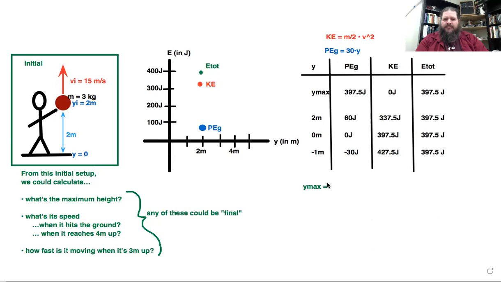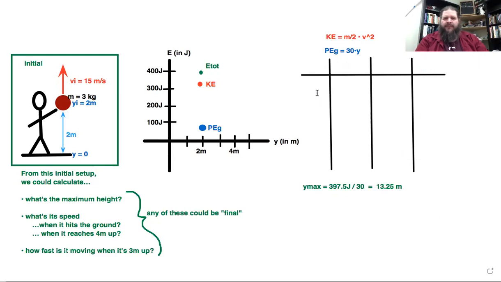Yeah, divide by 30. 397.5 joules divided by 30. So that would be what, 13 and a bit? 13 and a quarter. So that's going to be the maximum possible height. We can now fill that in, 13.25 meters.